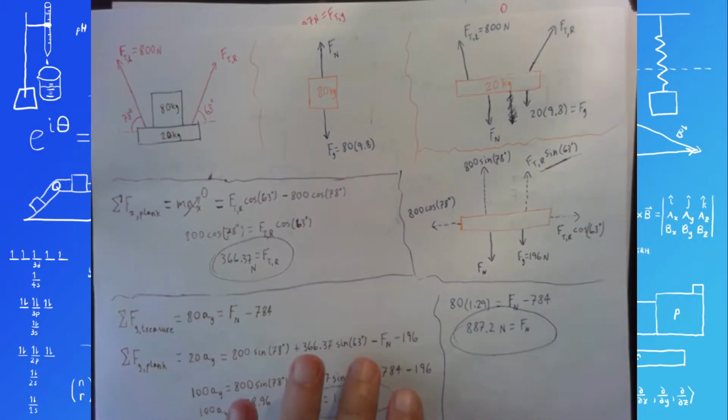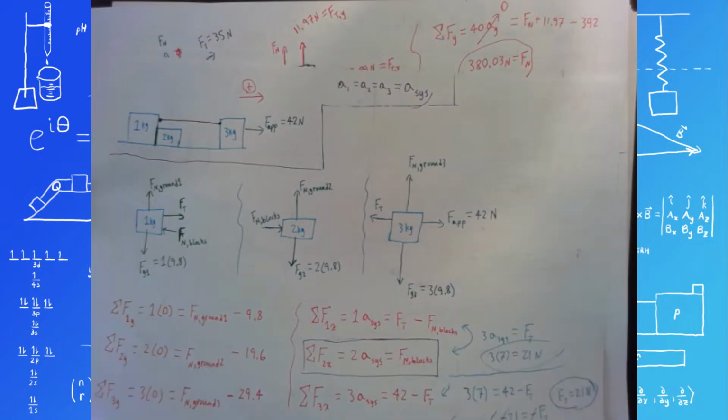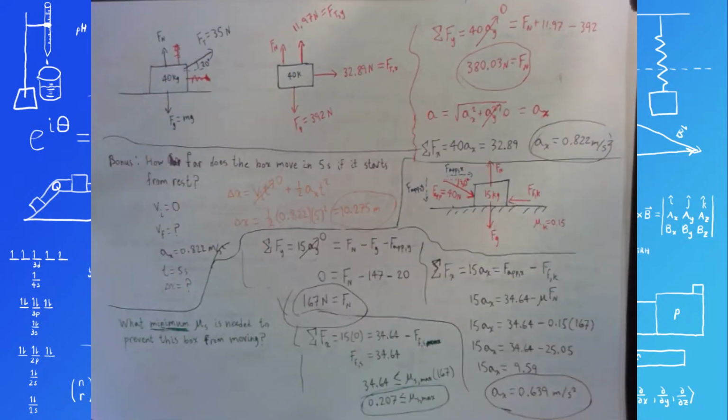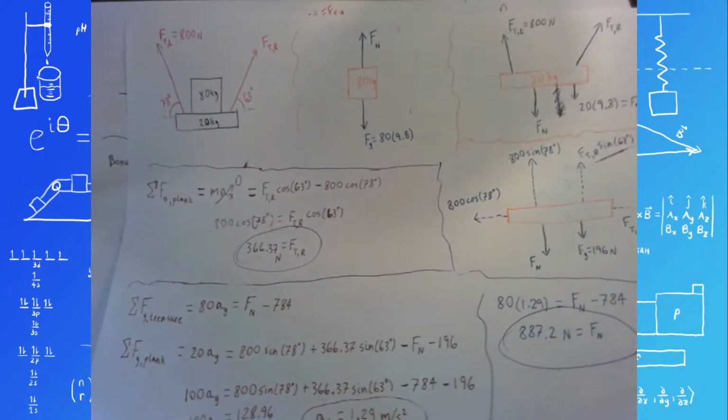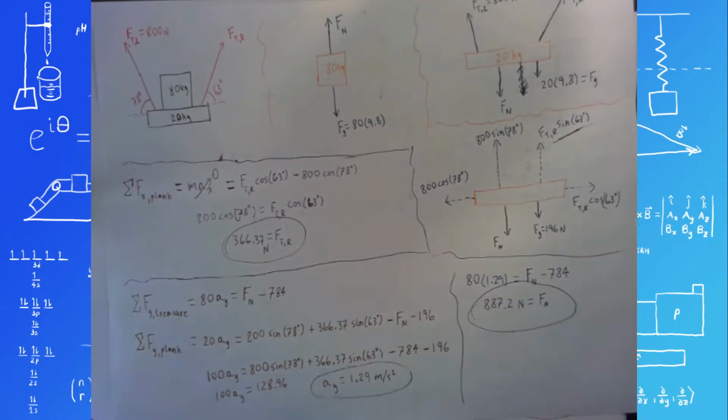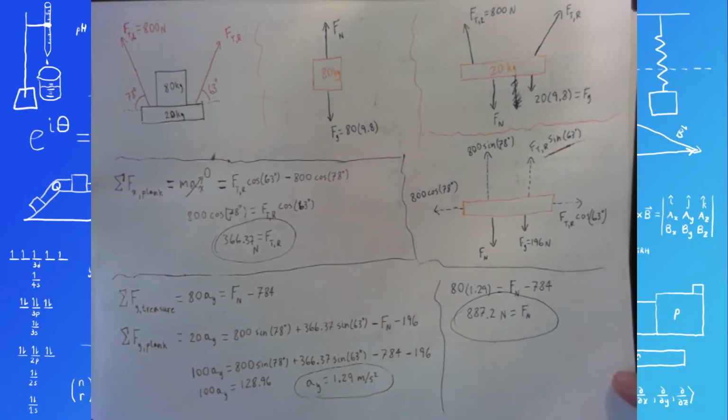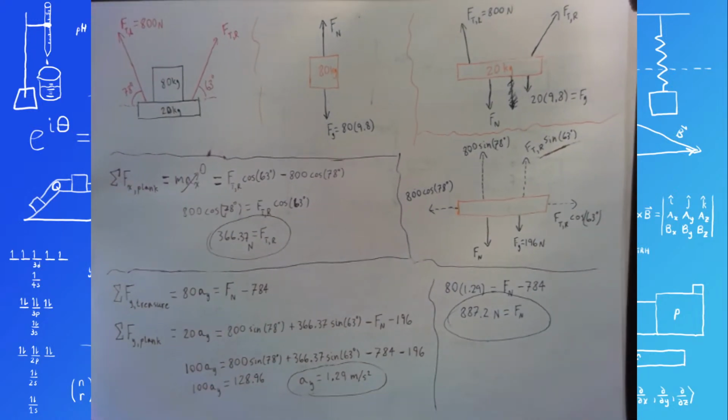Both this current problem and the previous one, you could get away with treating the system of objects as a single object whose mass is the same as the total of the masses of the individual parts.